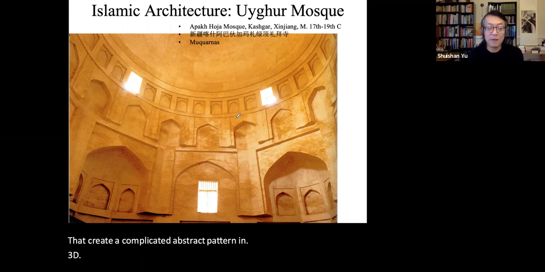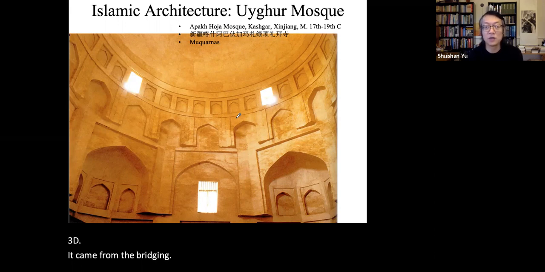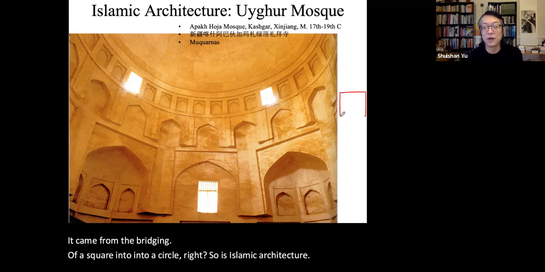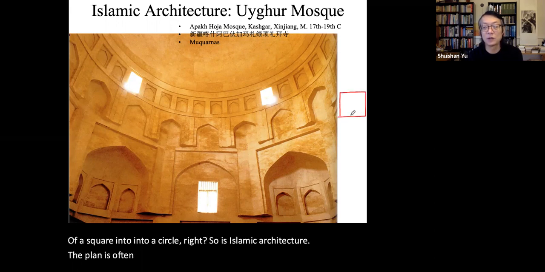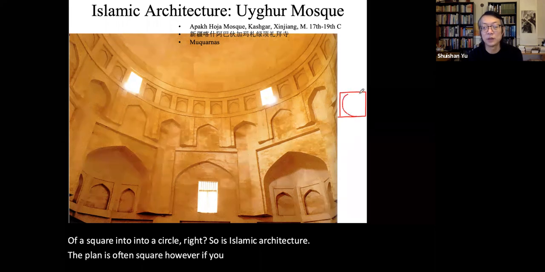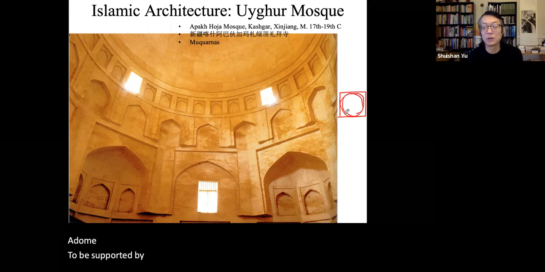Originally, it came from the bridging of a square into a circle, right? So in Islamic architecture, the plan is often square. However, if you wanted to put a dome supported by a square plan, what do you do?